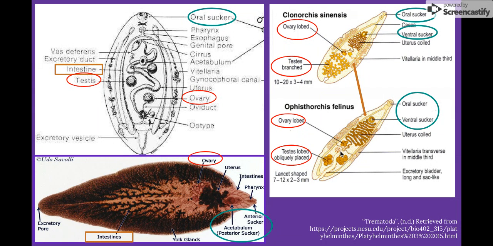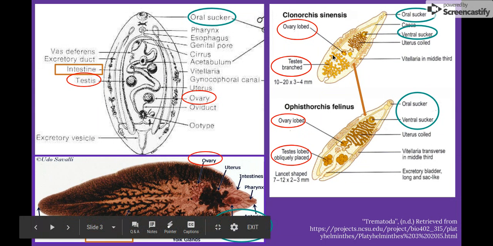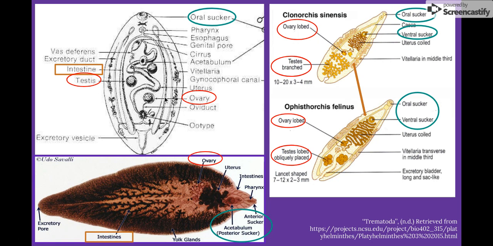And so ovary, and again before the testes. Here is a branched version of the testes, and here's a lobed version, like maybe here. This is a little different, because here we have the testes before the ovaries, so that's interesting.